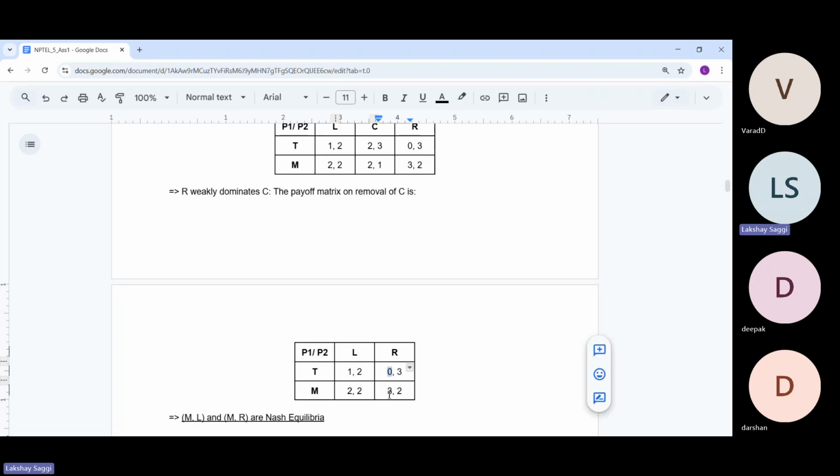So the row player will have no real incentive to switch. For the column player, if they decide to switch from R to L, the payoff is earlier 2, and after switching it also remains 2. So again, the column player has no real incentive to switch because the column player is not profiting. So that's why this 3 comma 2 is also a Nash equilibria. This M comma R is also a Nash equilibria.